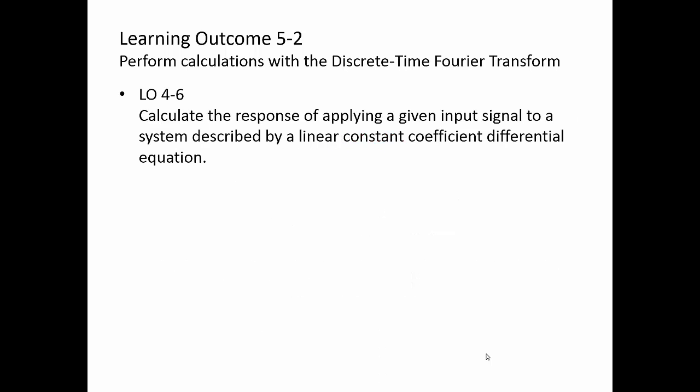Next, recall back in Chapter 4, you learned how to calculate the response of applying a given input signal to a system described by a linear constant coefficient differential equation. For Chapter 5, same thing, but differential equation again becomes a difference equation.